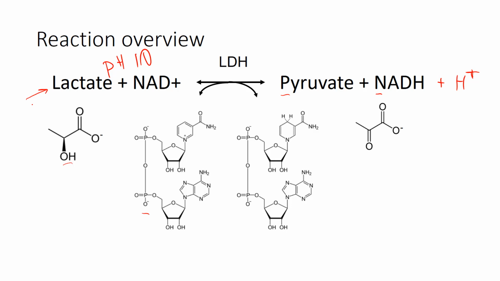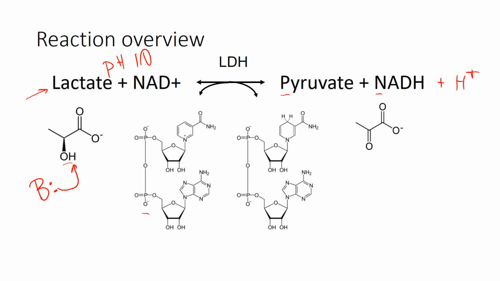And so in the pre-lab lecture so far, when I've gone through and shown you the arrow pushing, the way that I've represented it is a base, specifically a basic amino acid somewhere within the LDH active site, has come in and plucked a proton off lactate.